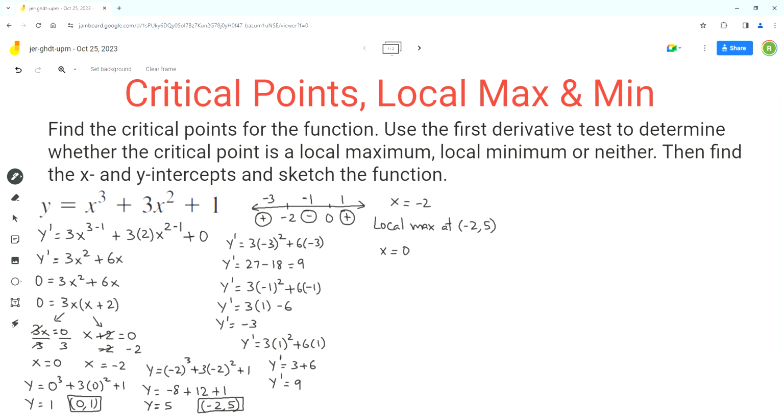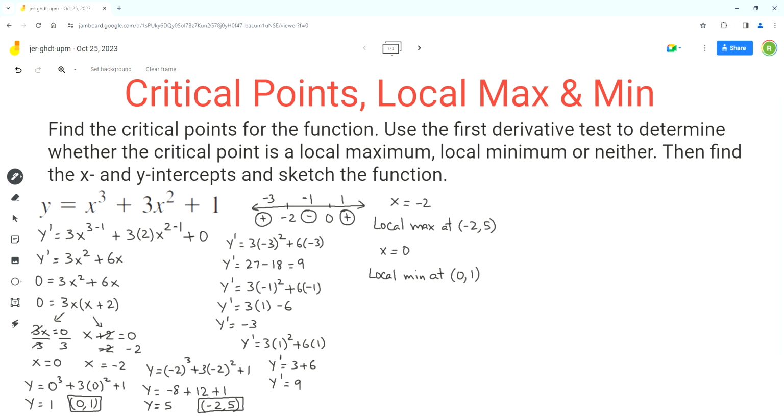So that means there is a local minimum at 0, 1. So there's a very important concept you need to understand and memorize for this type of analysis to identify local maximum and local minimum using the first derivative.